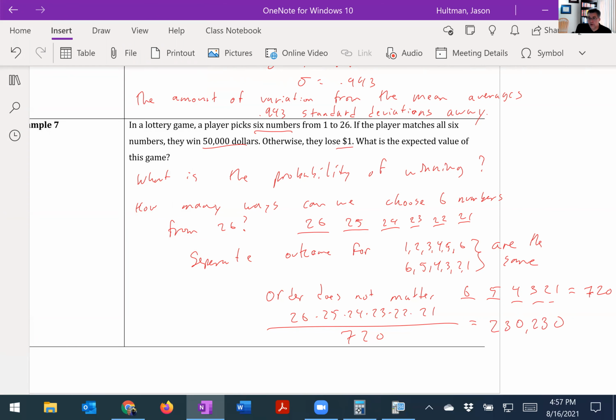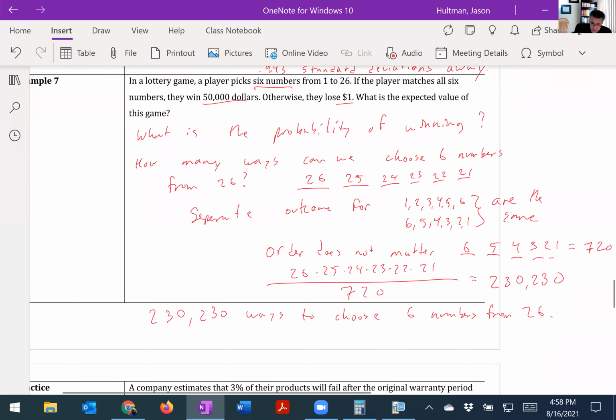That's the number of ways that I can choose 6 items out of 26. So there are 230,230 ways to choose 6 numbers from 26. A little probability in there.